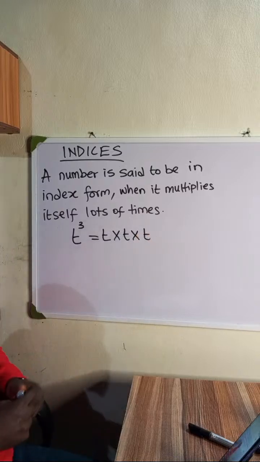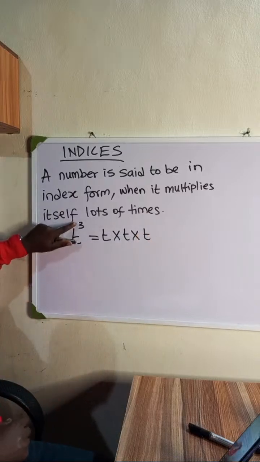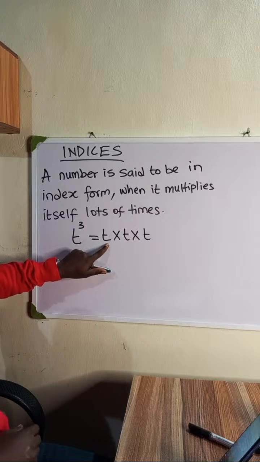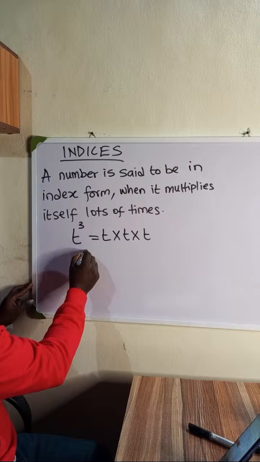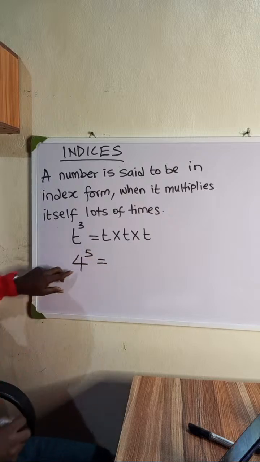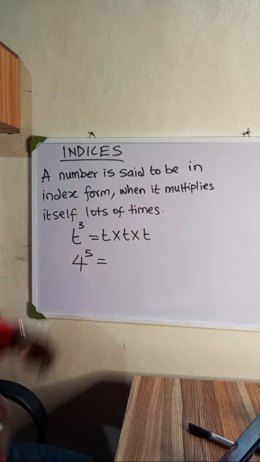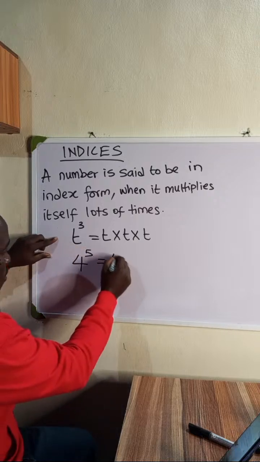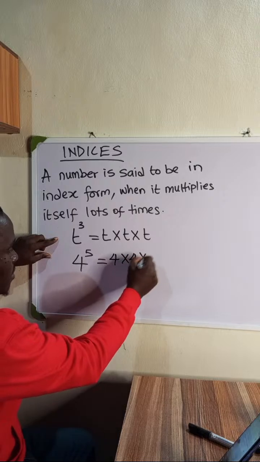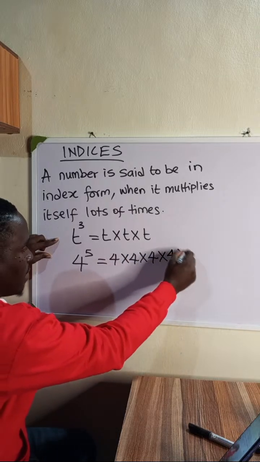So whenever you see something like this, t to the power of 3, it means that t is multiplying itself 3 times. If you see something in this form, 4 to the power of 5, it means that this number here is multiplying itself 5 times. So it is 4 times 4 times 4 times 4 times 4.